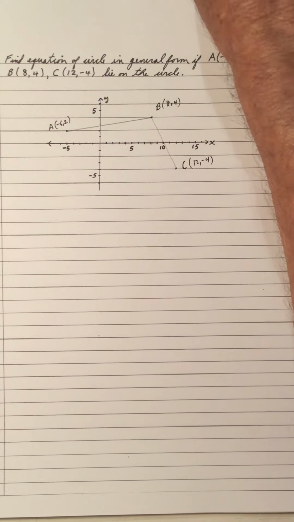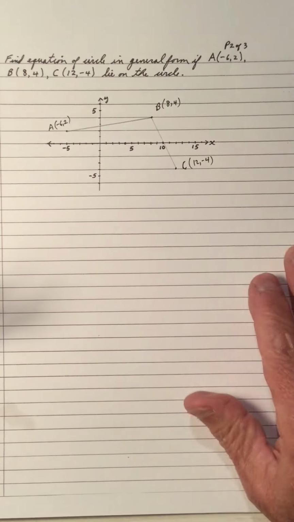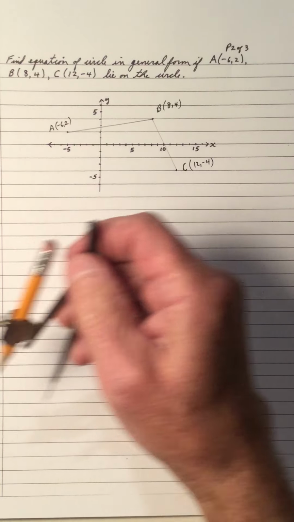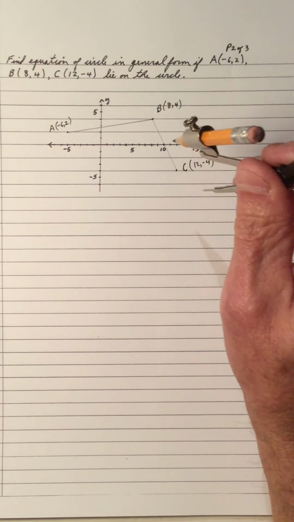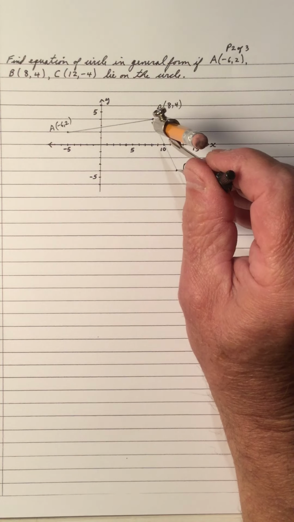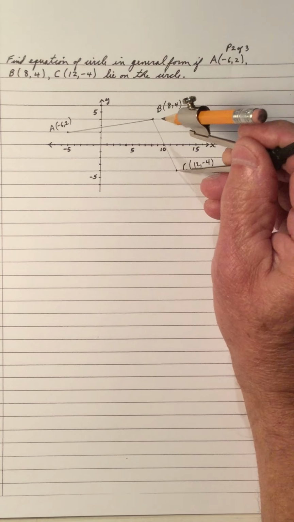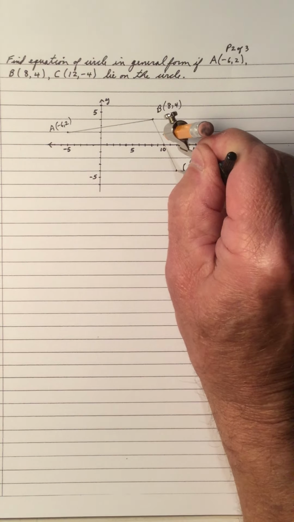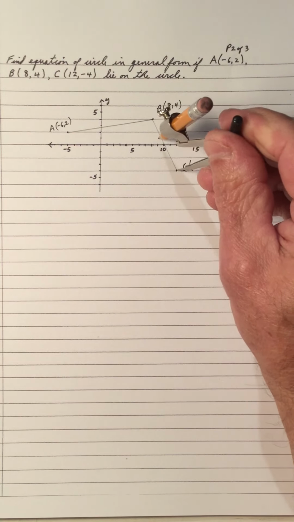So what I'm going to do is pick up a compass, and I'm going to construct the perpendicular bisectors of each of these. So here I go. If I take C, and this is a compass, I have to take a radius that's more than half the length of BC.